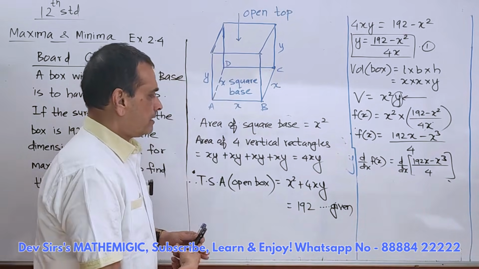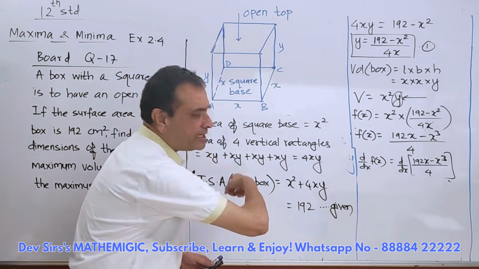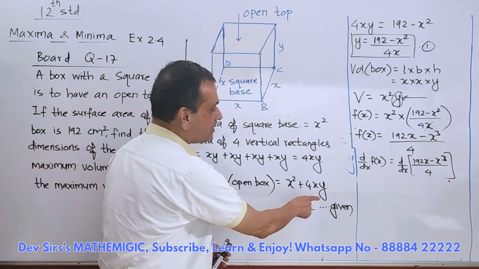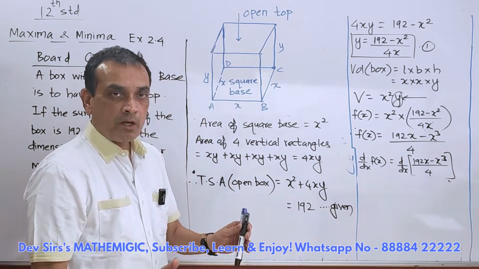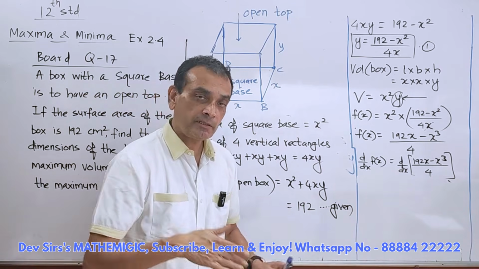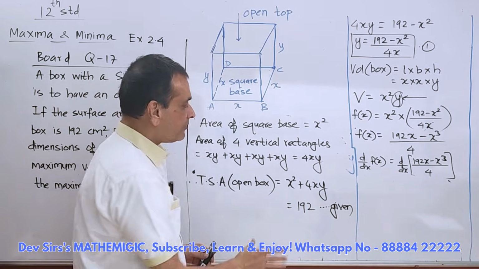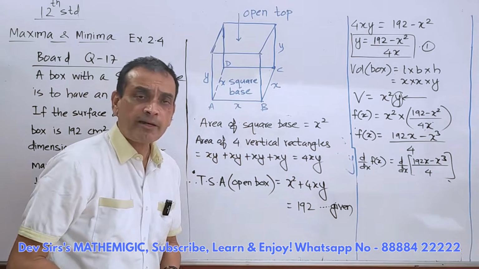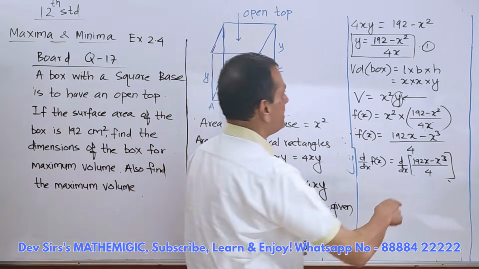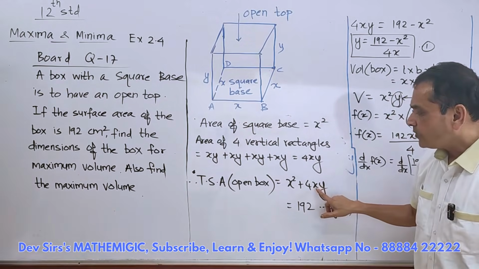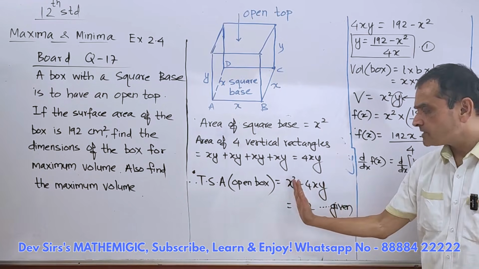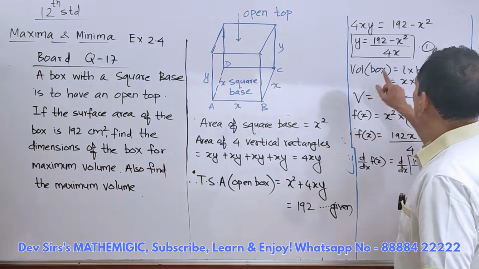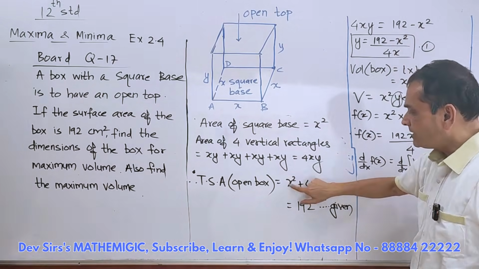Okay? So after we get the initial equation, separate out the value of y. Why do we have to separate it? That you will see later on. But from the given equation, separate out the value of y in this way. 4xy, keep it on one side, left side को 4xy रखो. 192 minus x squared.